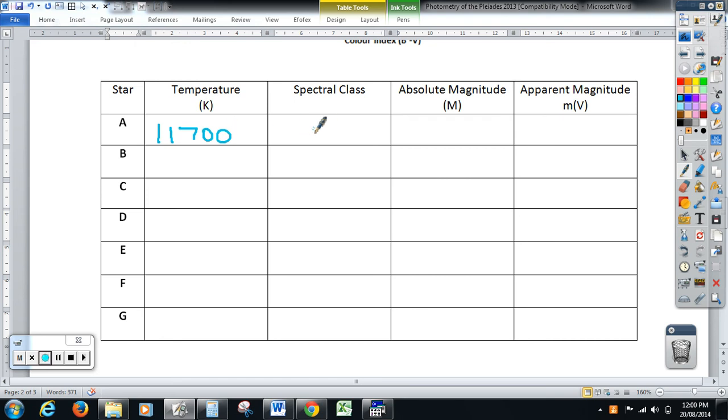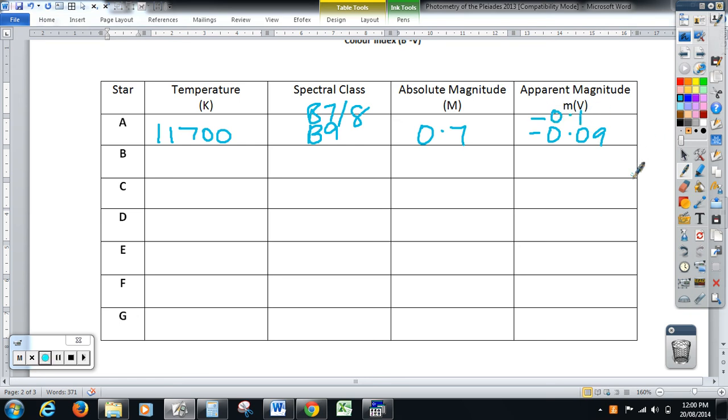Its spectral class we determined was probably a B9. Actually that could be B7 or B8 or B9. Its absolute magnitude was 0.7. Now its apparent magnitude is the visual magnitude, so it's negative 0.09, or you could just use negative 0.1.